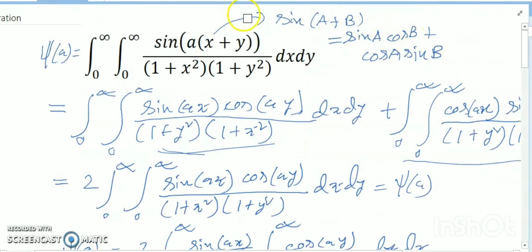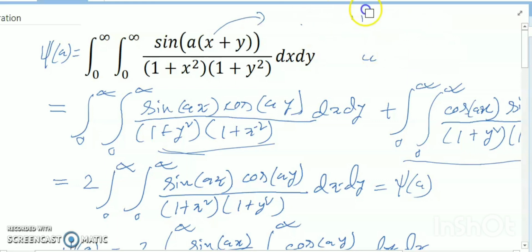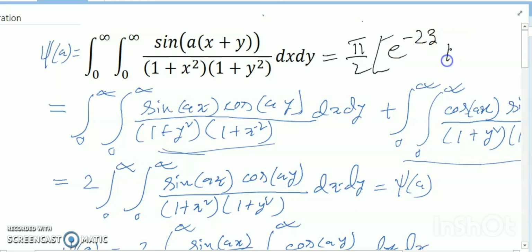So friends, what is my answer? Pi by 2 e to the power minus 2a, Ei(a).